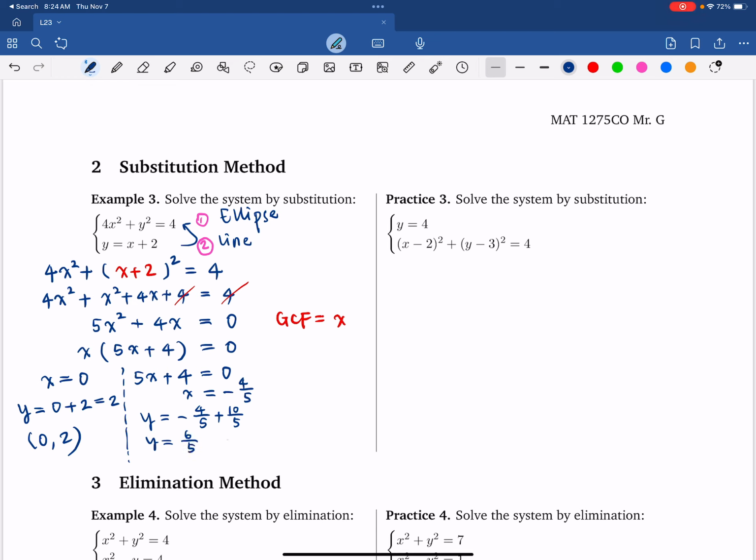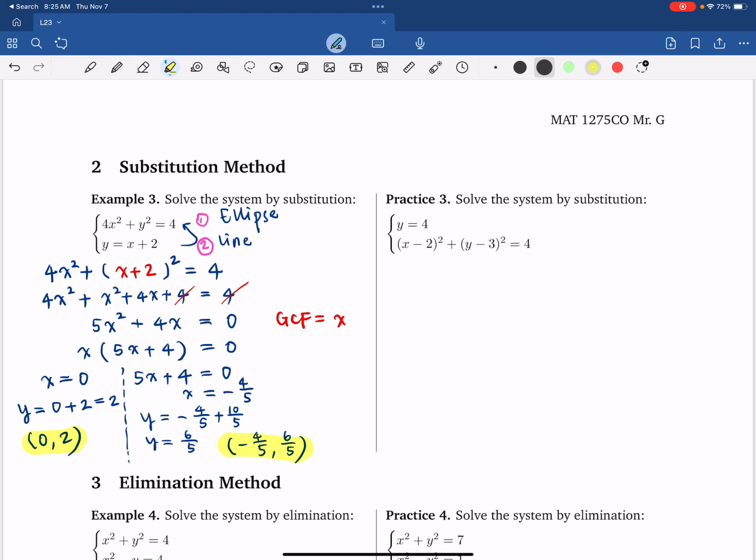So I have my second solution, negative 4 over 5, and then positive 6 over 5. We have two solutions right here. And notice that this system has solutions that are not integers. If you don't have integer solutions and you solve by graphing, it's going to be very difficult, especially if you're doing it by hand. So that's why substitution method is probably the best.